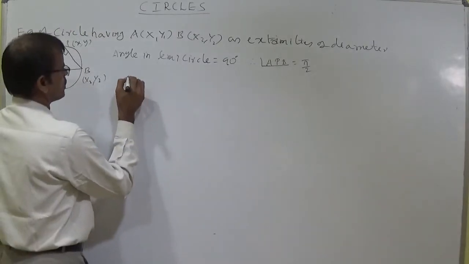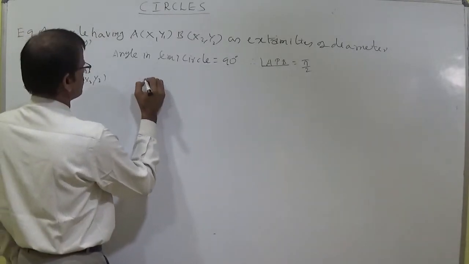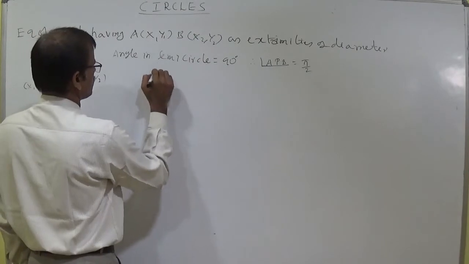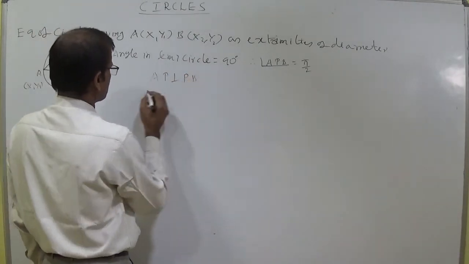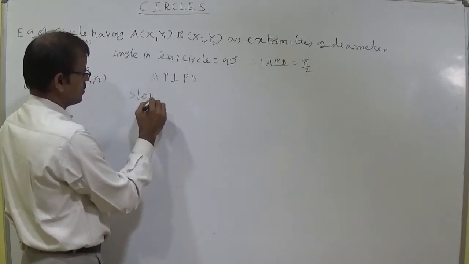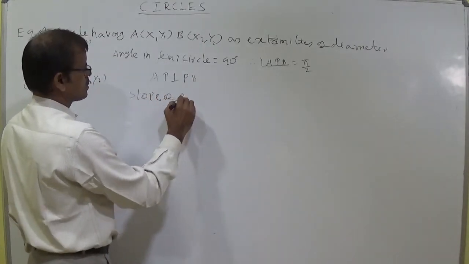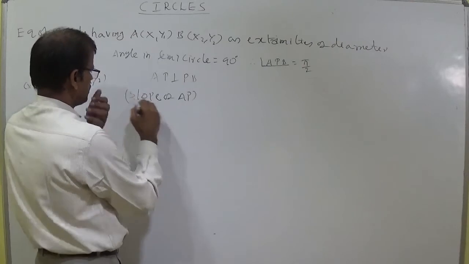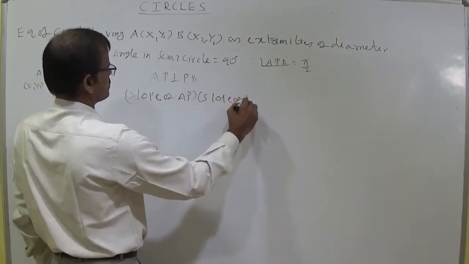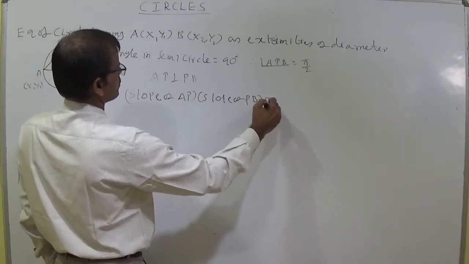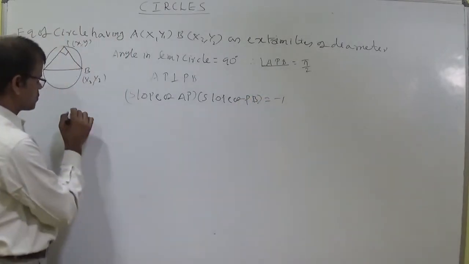Therefore, we can say that AP perpendicular to PB, that is slope of AP into slope of PB equal to -1.